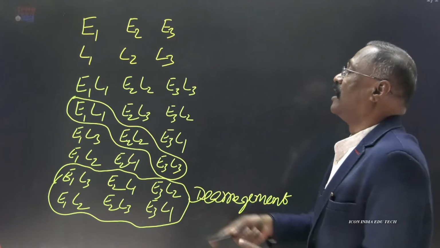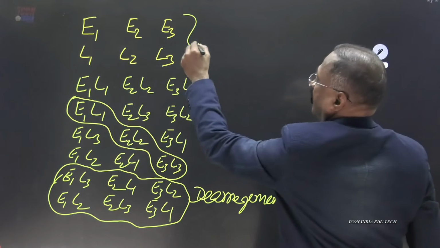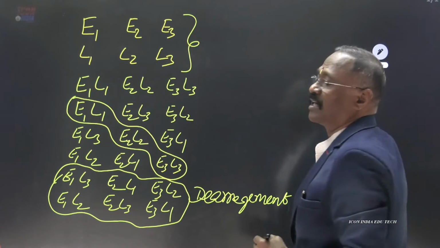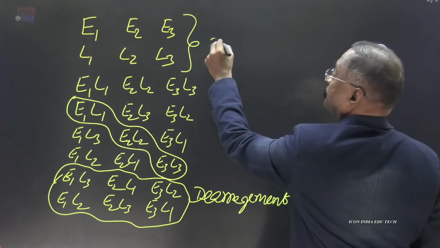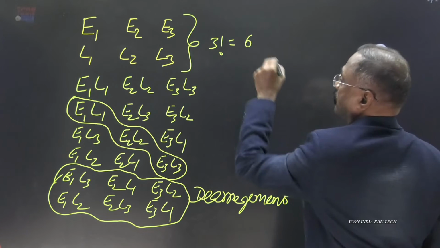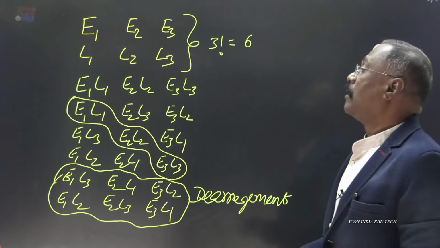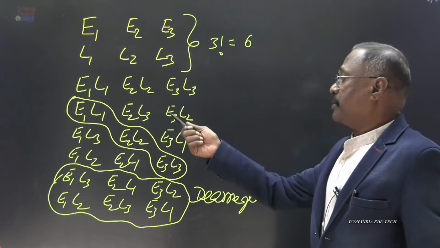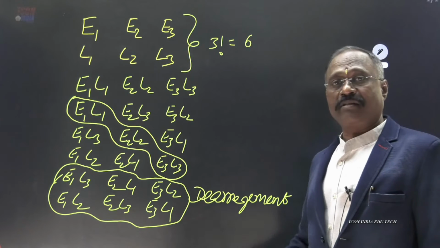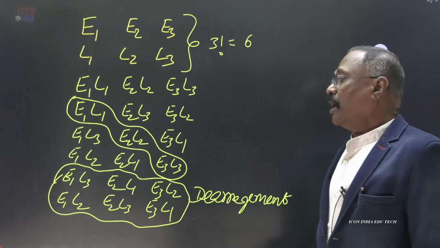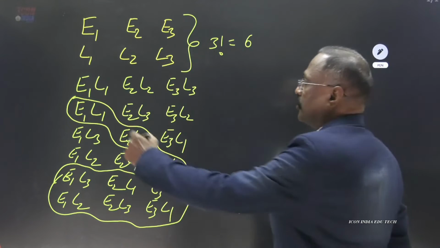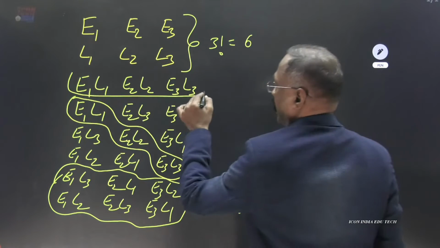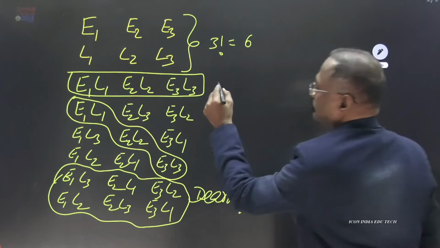If you have 3 envelopes and 3 letters, these 3 letters in 3 envelopes can be placed in 3 factorial different ways. This 3 factorial is nothing but 6. These are 6: 1, 2, 3, 4, 5, 6 different arrangements. Among these 6 arrangements, you can observe that the all-correct case is only 1.